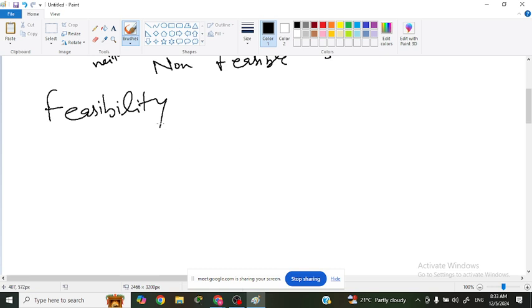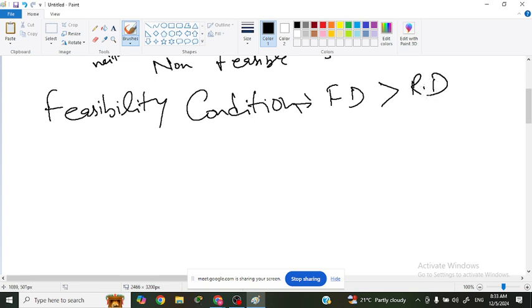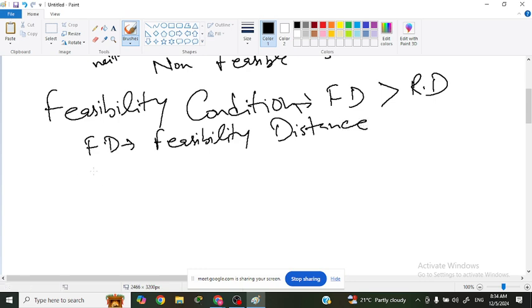So the feasibility condition: FD should be greater than RD. FD means feasibility distance. RD means reported distance.